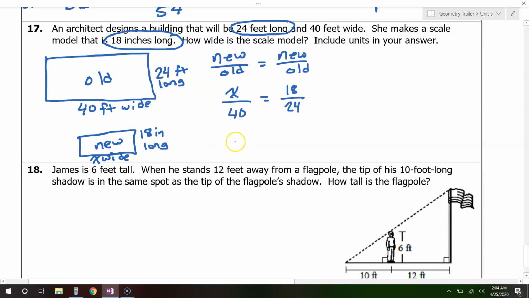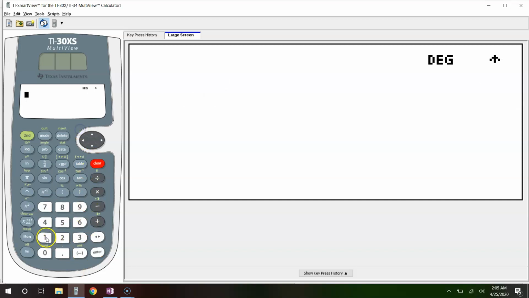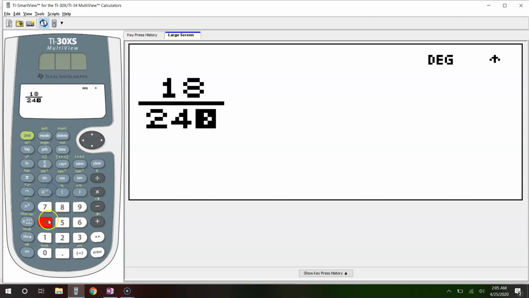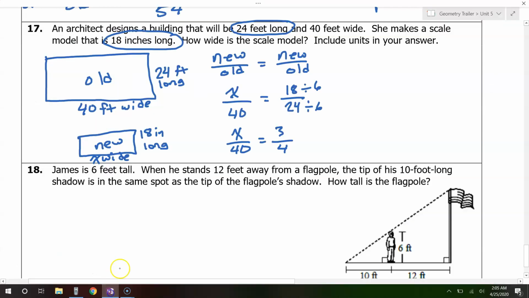I like to reduce these down. Both of these are divisible by 6, so I know this is going to be 3 over 4. If that doesn't jump right out at you, just use your calculator. Now cross multiply.